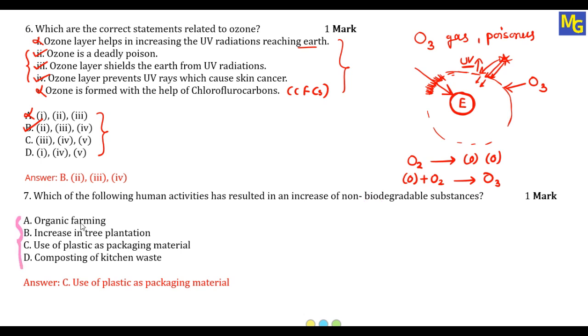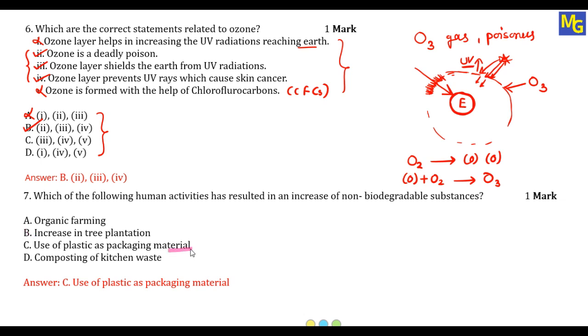Organic farming, as the word says, organic. Organic matter is made up of carbon, hydrogen, oxygen, and it is degradable, which can be eaten by bacteria, fungus. So this is the wrong option. Now see the next. Increase in tree plantation. It is nowhere connected with the question. Use of plastic as packaging material.